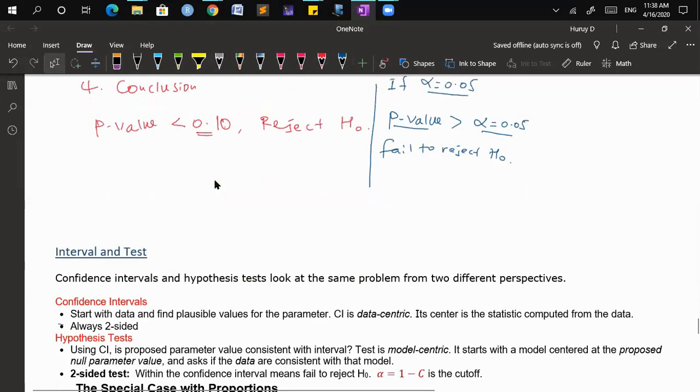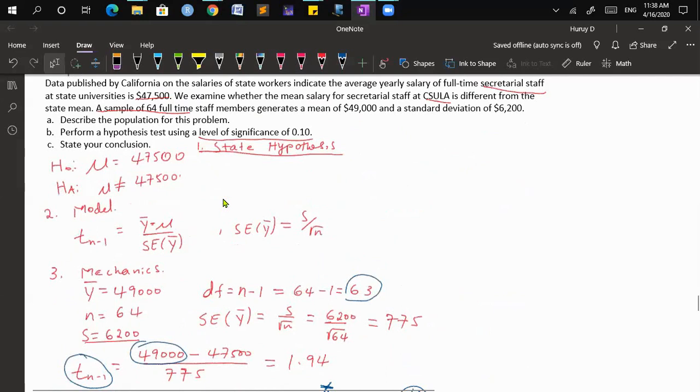The decision is we reject H naught. We don't agree with H naught. And what was H naught? H naught is that the mean salary of the secretarial staff in USULA is the same as the state average salary.